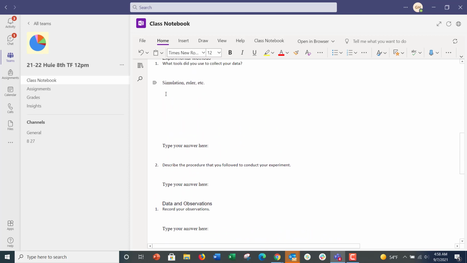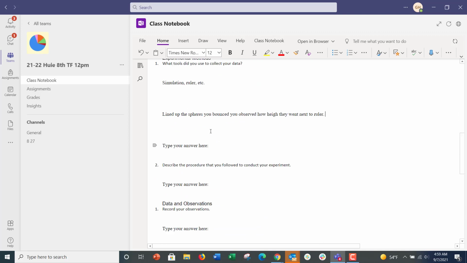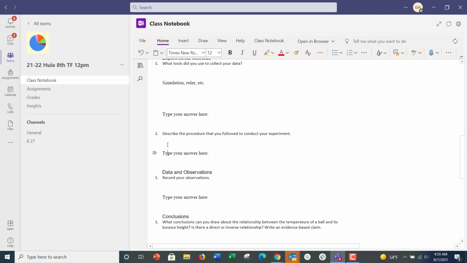So basically what you did is you lined up the spheres, you bounced them, you observed how high they went next to the ruler. So something like that would work. Describe the procedure that you followed. Oh, so that's this one right here. I'm going to go X. Describe the procedure. That one would go right there.